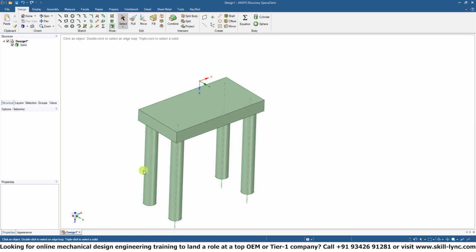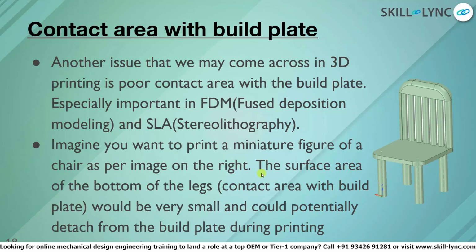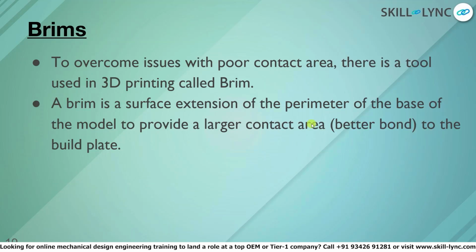How can we overcome this? Well, you could increase the surface area in contact with the build plate by adding a brim. So you have more surface area in contact with the build plate. We've discussed how it can be detached from the build plate because of the tiny surface area.